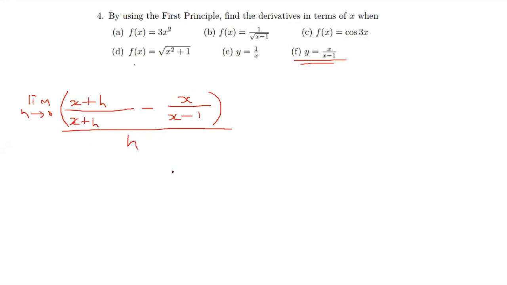You simplify the expression, and then where there is h, you replace with 0.